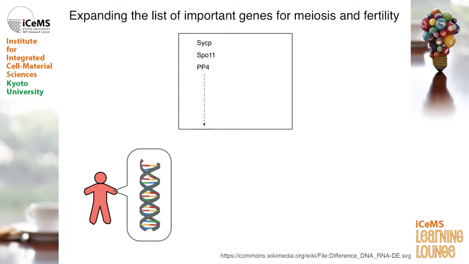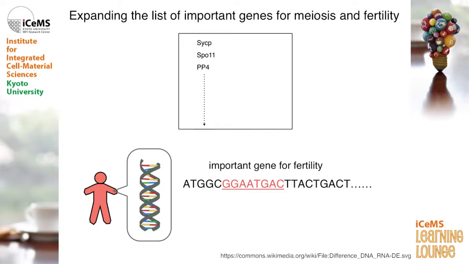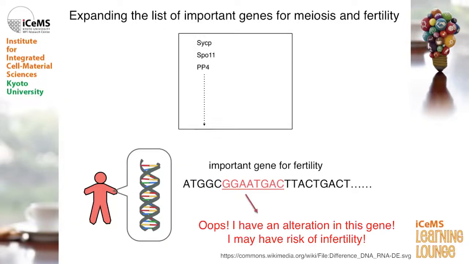So one prospect we can think of is that if, let's say, you read your DNA sequence and you can specifically look at the DNA sequence of an important gene that's known to be involved in fertility, for example, and if you had an alteration in this part of the DNA sequence, then this would make you realize you have a certain risk, and this may influence how you plan your family, for example.